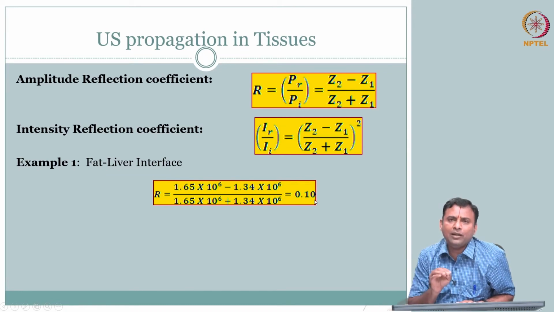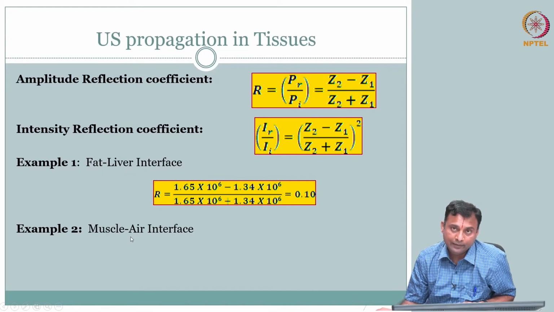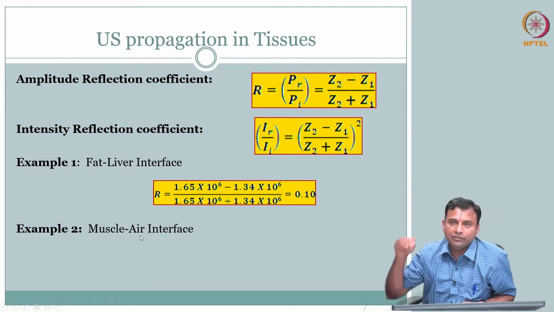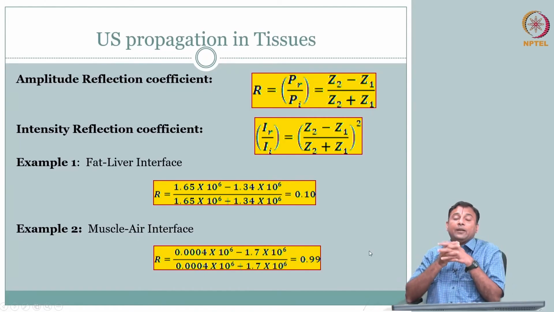Before we comment on this a little bit further, let us see what happens if you have two other materials, for example muscle and air. Same thing, go to the table that we had. If it is a muscle air interface, when you have perpendicular incidence, you have Z2 minus Z1. When you substitute, what do you get? You get 0.99.